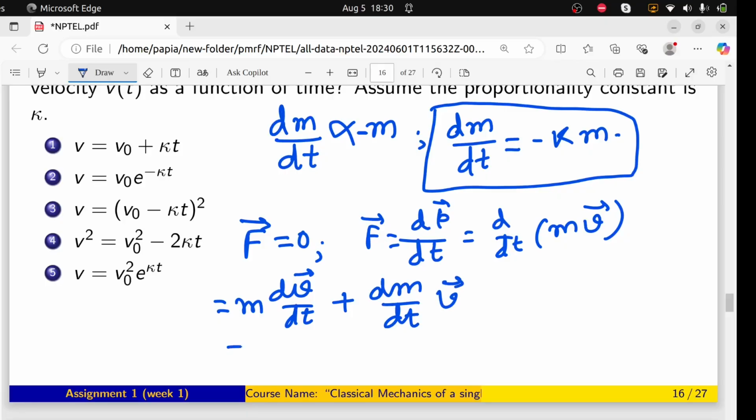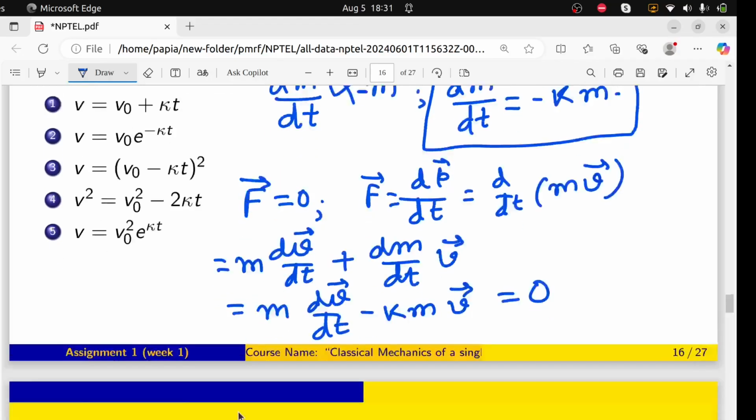So now you can see m dv dt is fine, then dm dt was what? dm dt is minus km. I can just replace that by minus km times the v vector, which equals 0. Why 0? Because the total external force is 0.